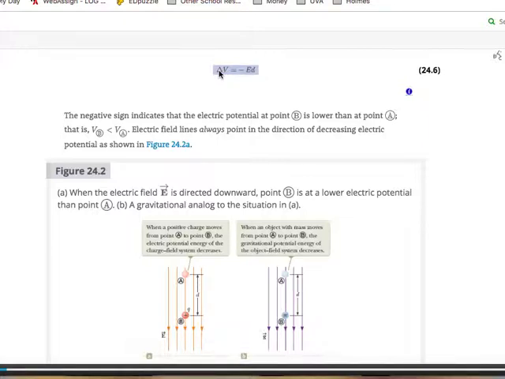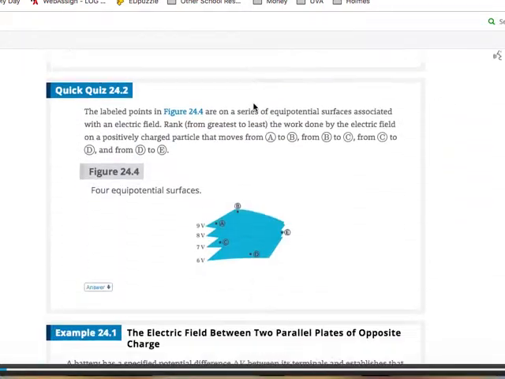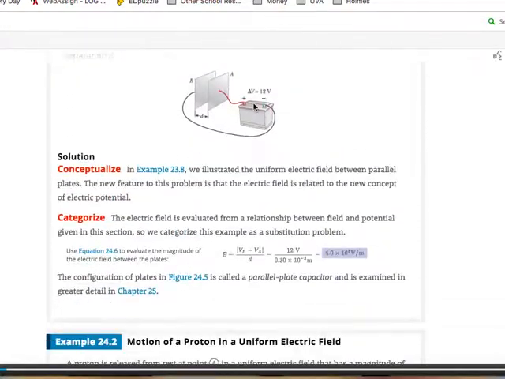Or in other words, electric field is a measurement of the rate of change of potential. Electric field is a measurement of the rate of change of potential. But you will have more potential if you are farther from a positive source charge.